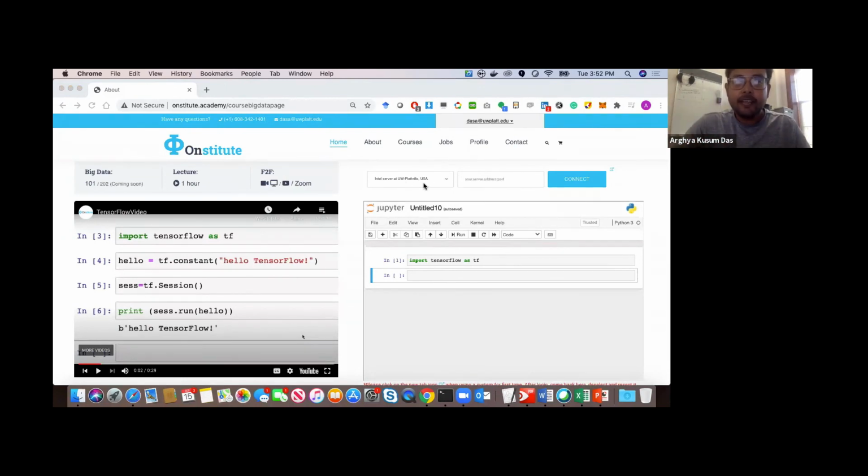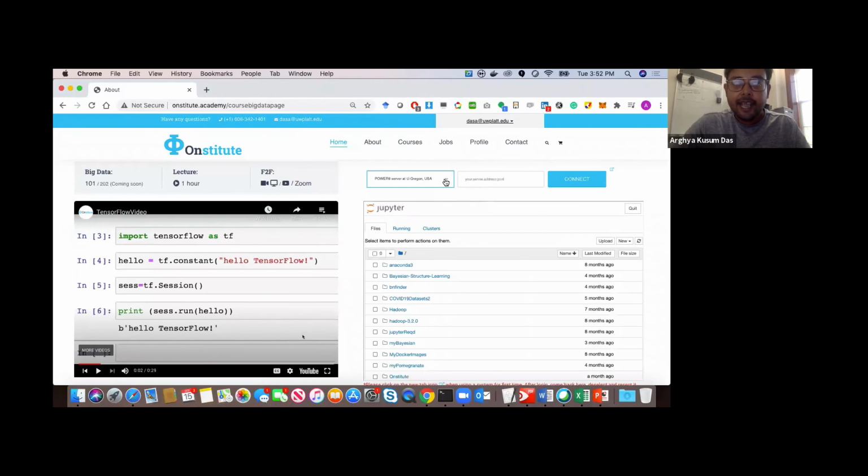So far I was on a Power 9 based cluster, and here, by a single click, you can directly go to an Intel cluster, which was contributed by UW Platteville, that is my university.